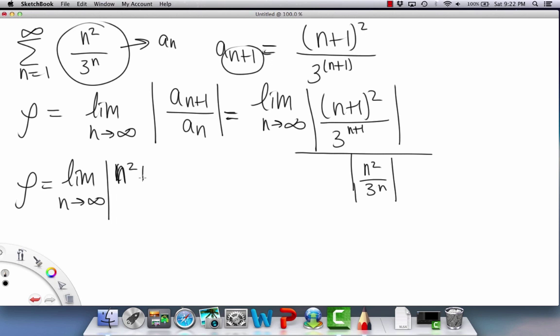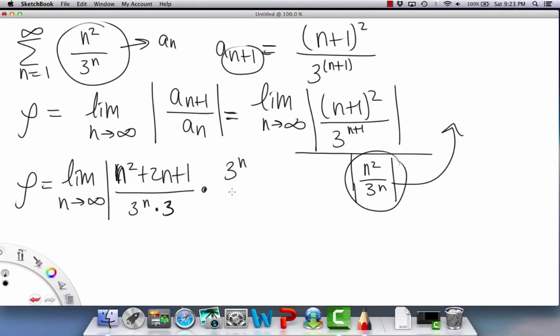We have n squared plus 2n plus 1 over, and down here we can break this up into 3 to the n times 3, laws of exponents. And then this fraction is going to flip to come to the top, so we have 3 to the n over n squared. As you can see here, the 3 to the n cancel, so that's good. That's all that cancels as of now.